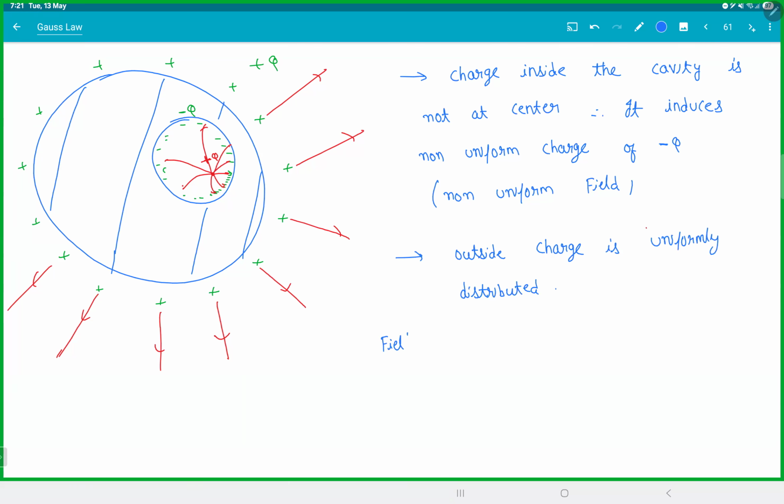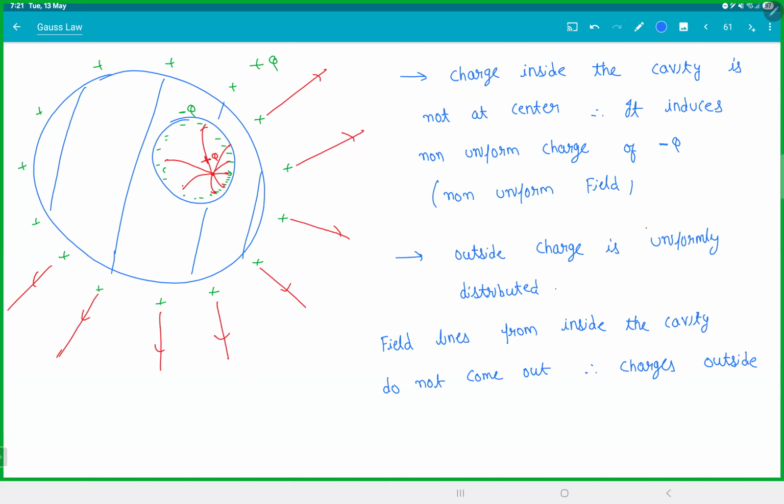So field lines from inside the cavity do not come out, because there's a conductor in the middle which will not let any field lines come out. Therefore, charges outside... we will talk about this thing.